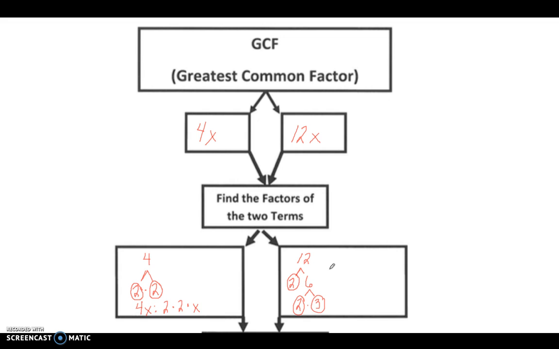So listing the factors of 12x, I have 3 times 2 times 2 times x. So 3 times 2 times 2 gives me 12, and then times x gives me 12x. Okay.